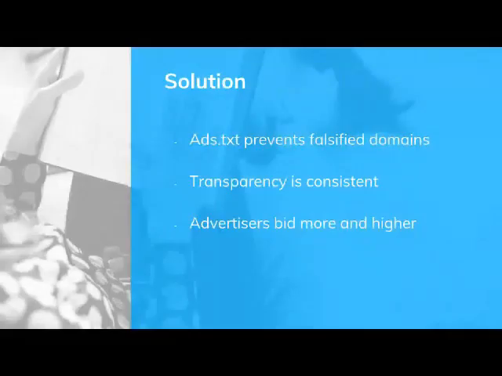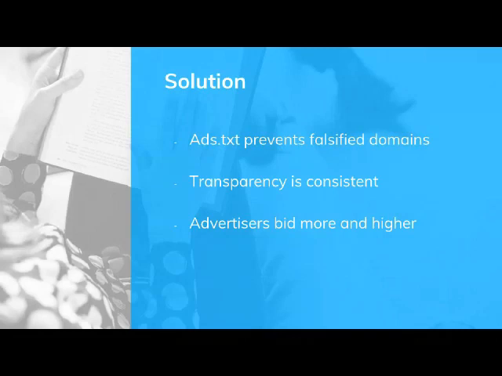So the solution for these falsified domains is Ads.txt. The transparency is consistent in this case because the publisher can create an Ads.txt file similar to a robots.txt file, and the advertisers can validate this on a manual or automated basis.